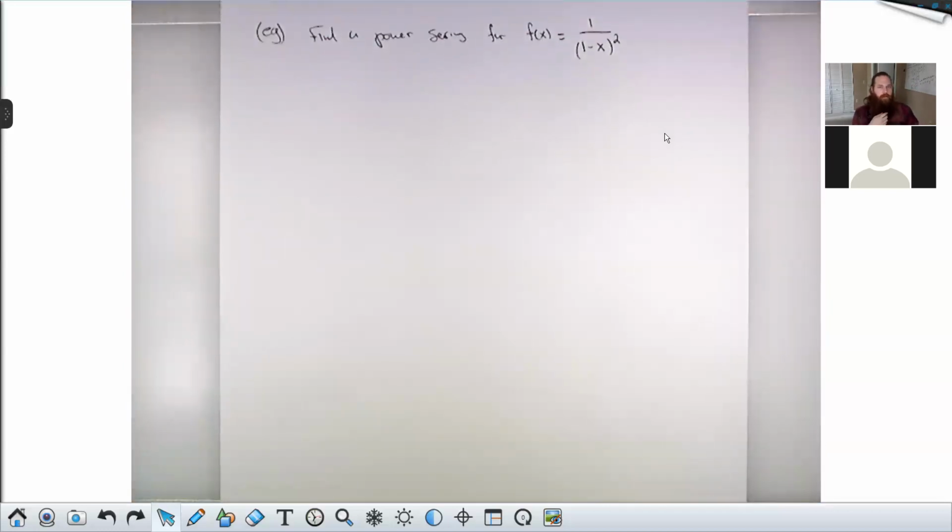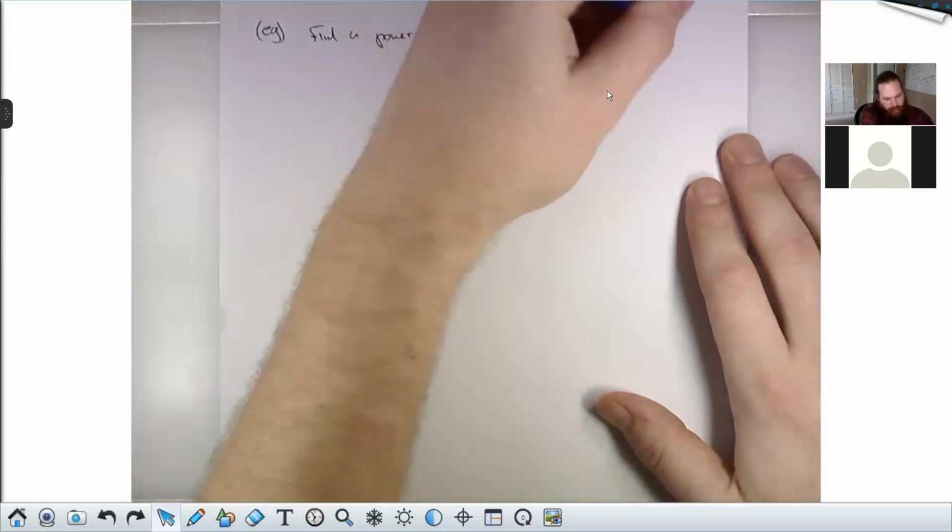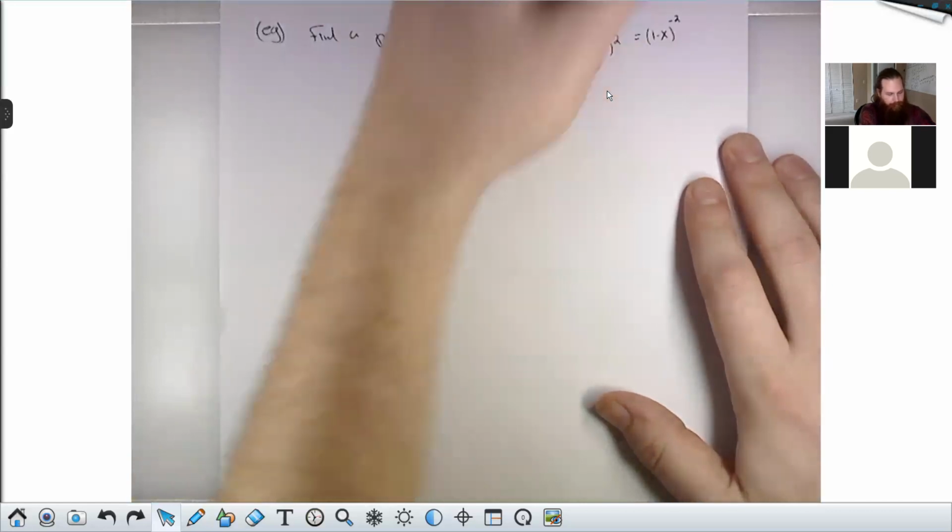I strongly advise that you do it exactly as I'm doing it here. 1 over (1 minus x) all squared looks like the derivative of something. It looks like the result of differentiating something like 1 over 1 minus x. This is the same as (1 minus x) to the negative 2.